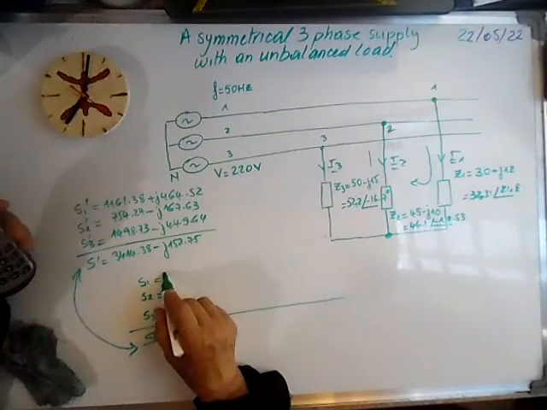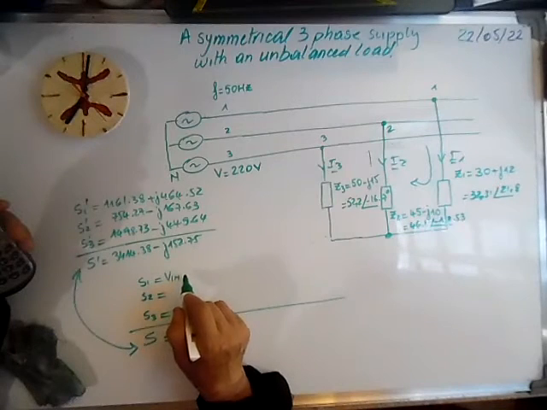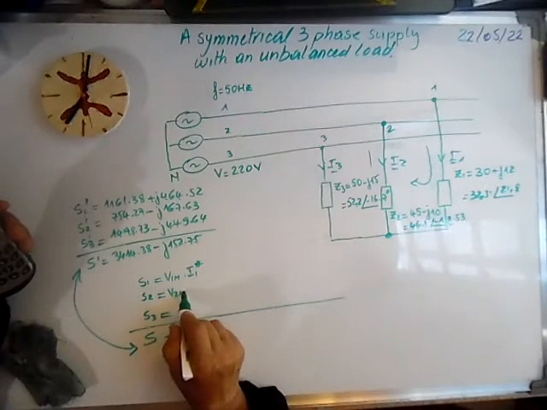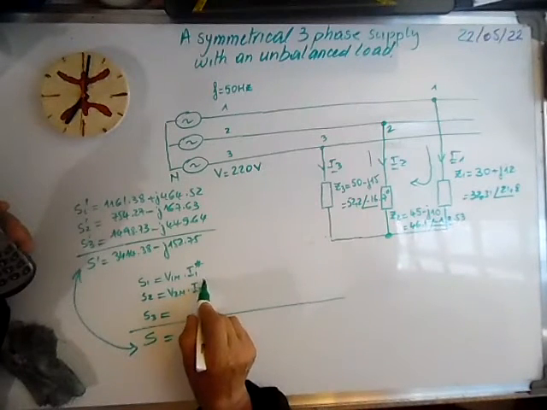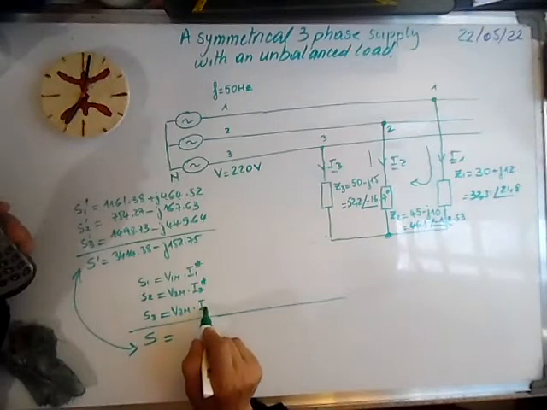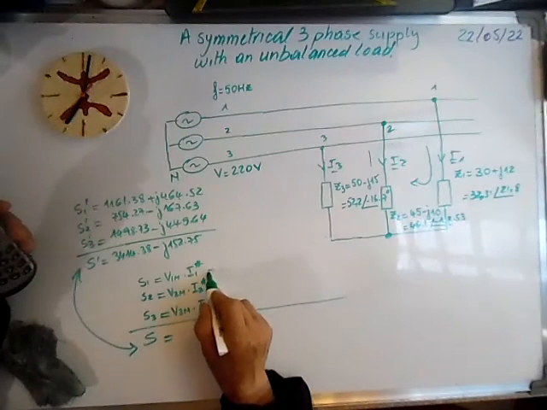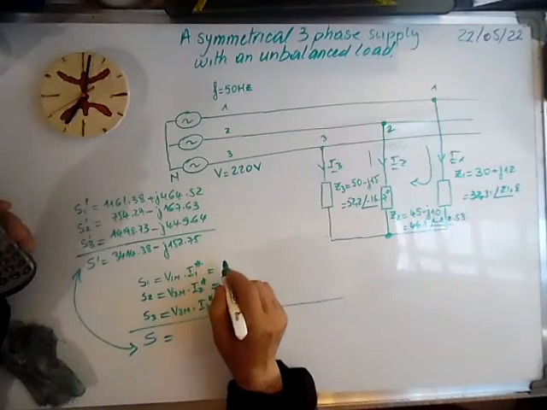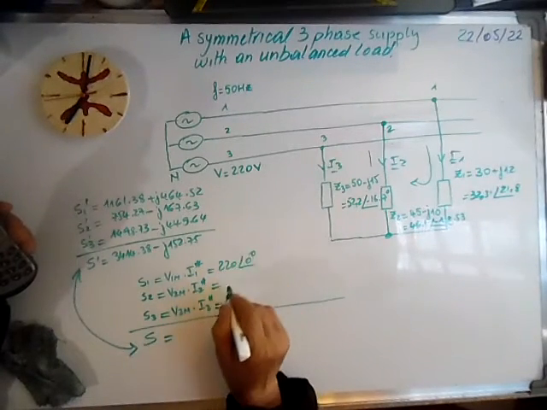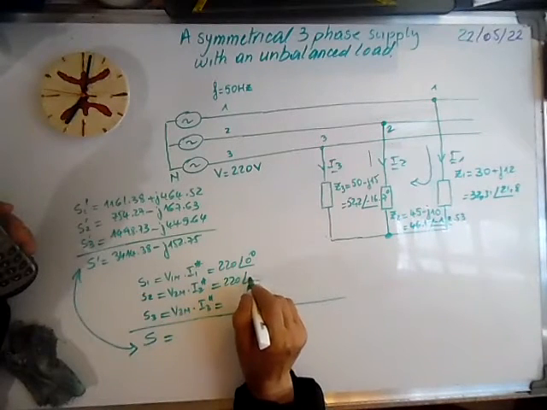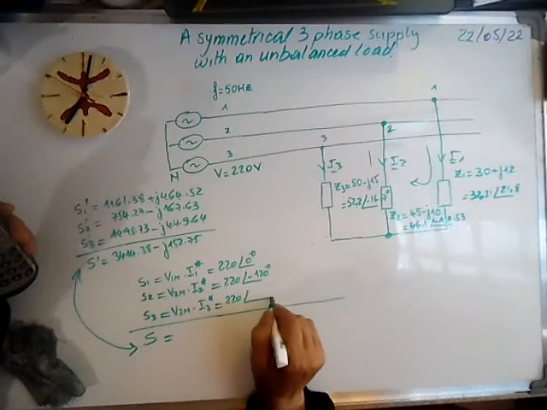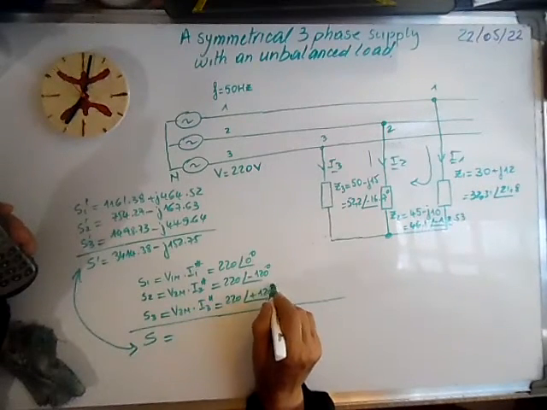Here we have V1N times I1 conjugate, V2N times I2 conjugate, and V3N times I3 conjugate. The voltages are 220 at 0 degrees, 220 at minus 120 degrees, and 220 at plus 120 degrees.